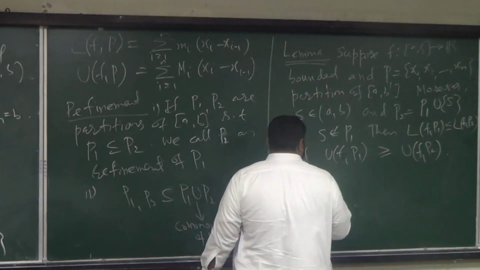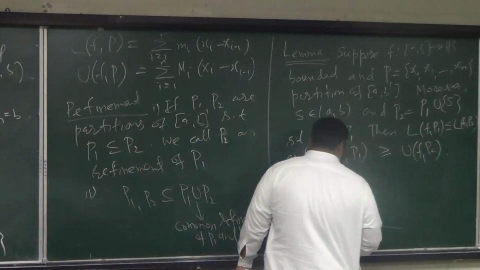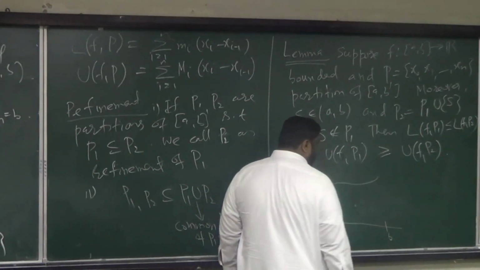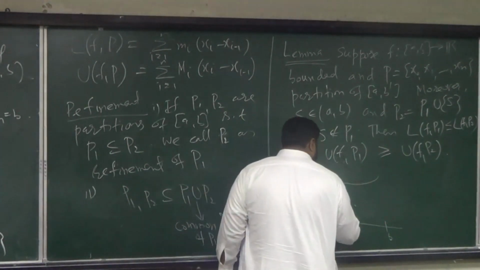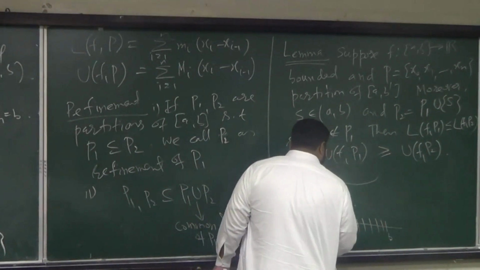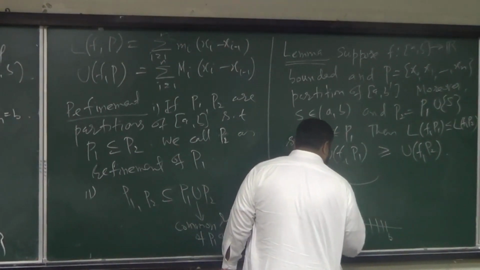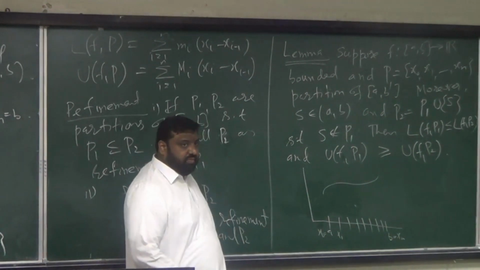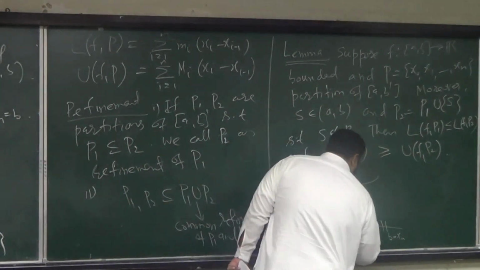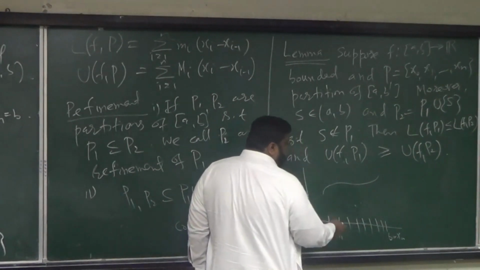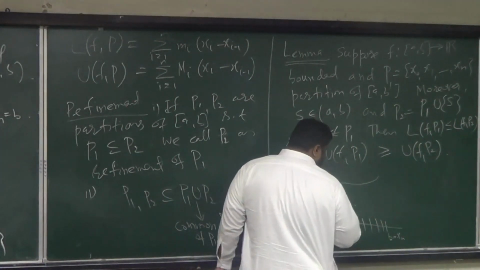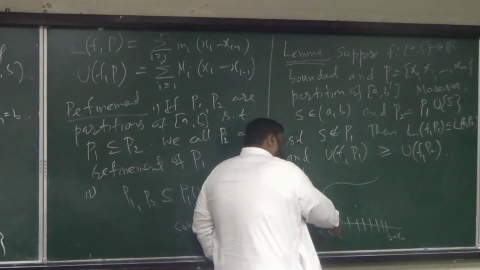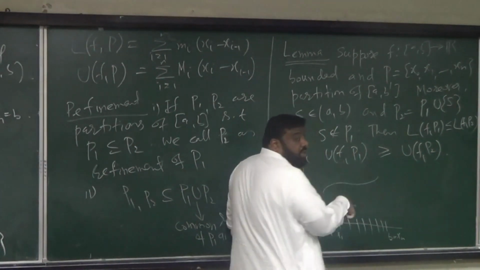So if I like to draw a picture, how does the picture look like? I'm sticking with the same function. Imagine I have a bounded function defined on an interval, and I have a partition. So this is x naught, this is x one. I'm saying that S is not A and not B, it's a number between A and B. And it's not on each of these endpoints because S does not belong to P1.